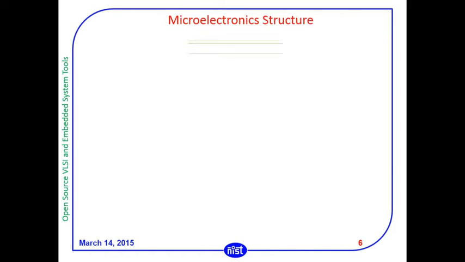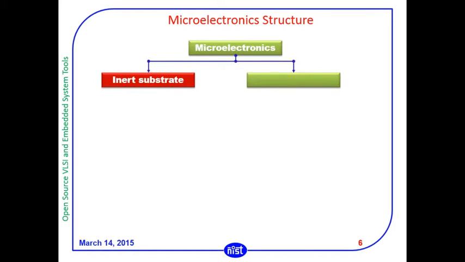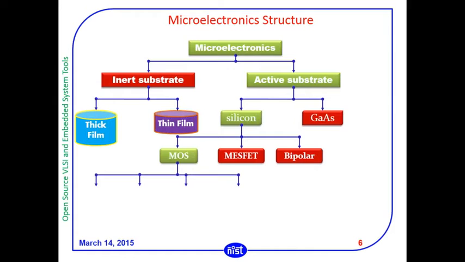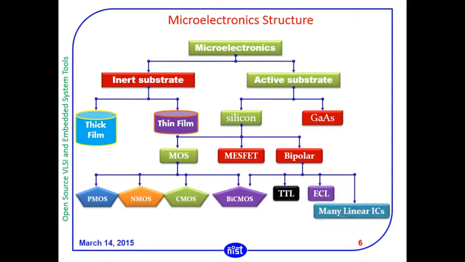Then in microelectronic structures, there are inert substrate, active substrate, thick film, thin film, then silicon, gallium arsenide, then MOS, MESFET, bipolar, CMOS, BiCMOS, PMOS, TTL, ECL and so on.